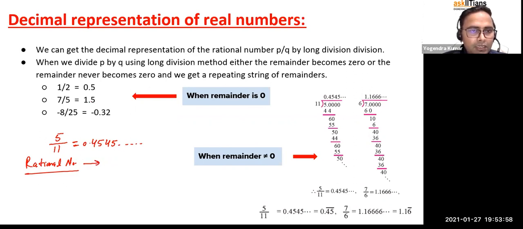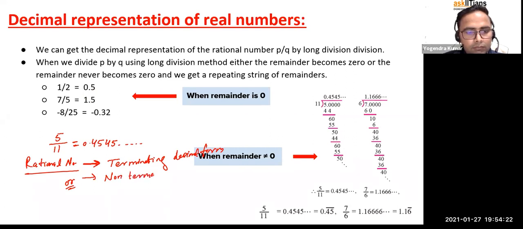A rational number will have a terminating decimal form, or it can be non-terminating but repeating, or recurring, form, right?